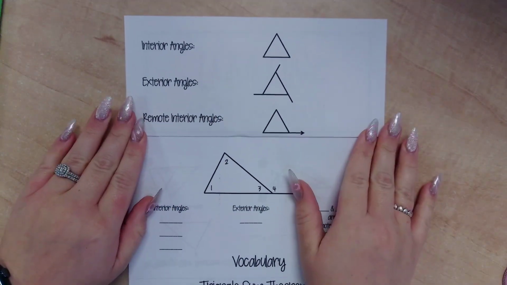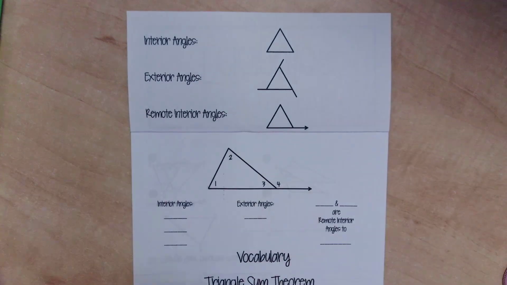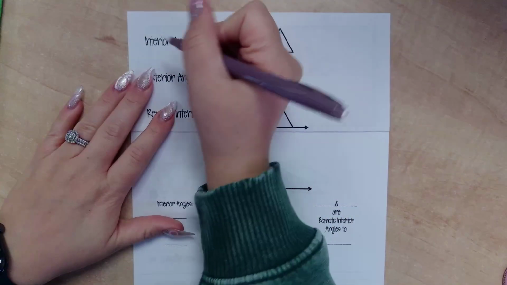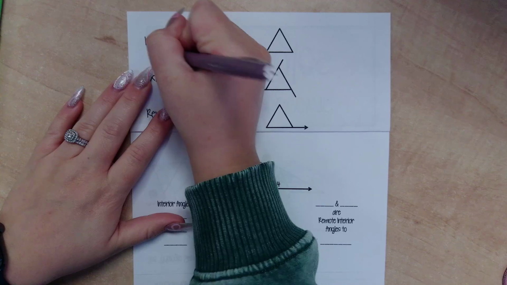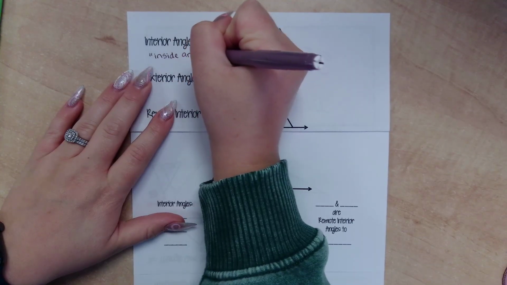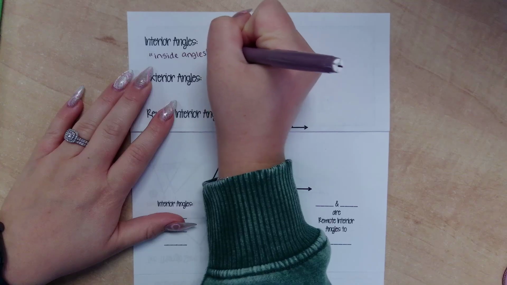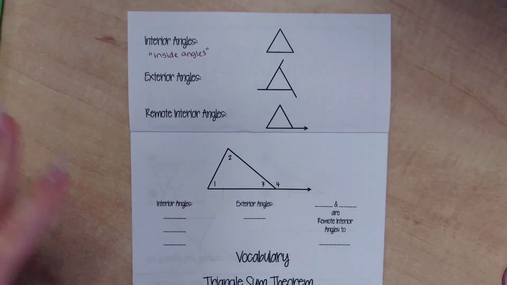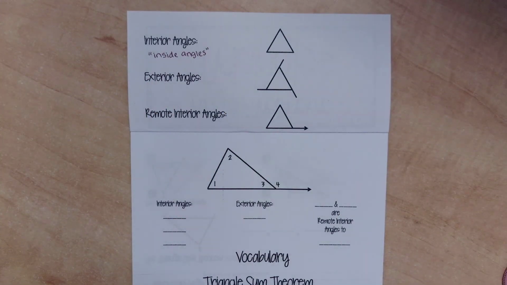Alrighty, so we see three vocabulary words up at the top: interior angles, exterior angles, and then remote interior angles. So as we've talked about before, interior refers to inside angles. So we are in our geometry section, so we are talking about different shapes, and obviously, as you can see, we have triangles.